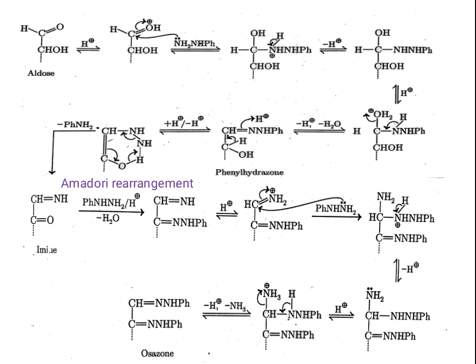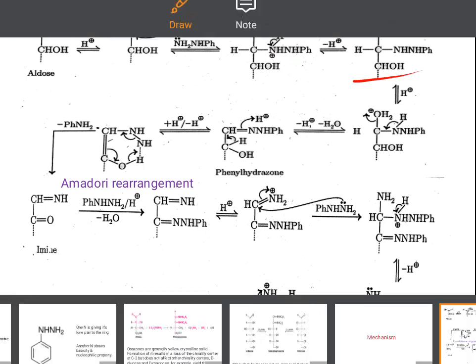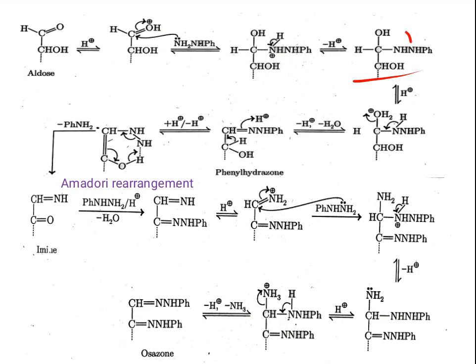Now this nitrogen loses one proton and forms this. After that again the lone pair of nitrogen attacks here and OH2+ leaves. So ultimately you will get this structure, phenyl hydrazone, with one condensation.